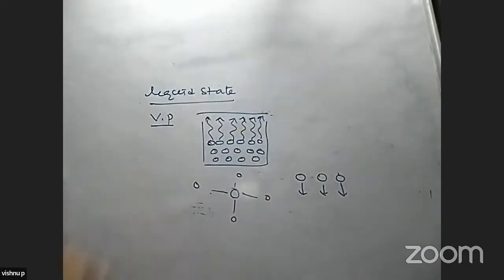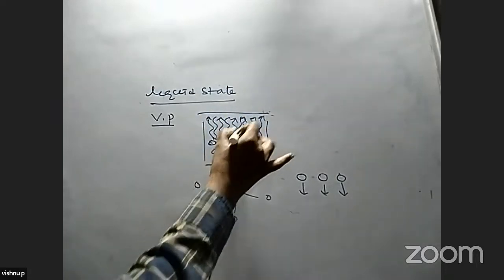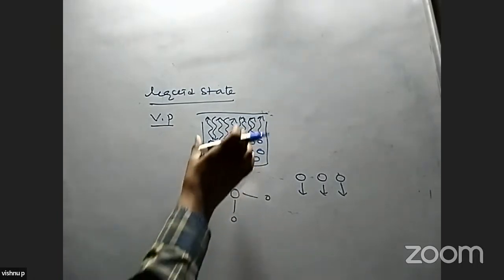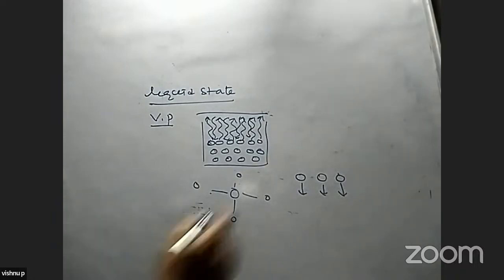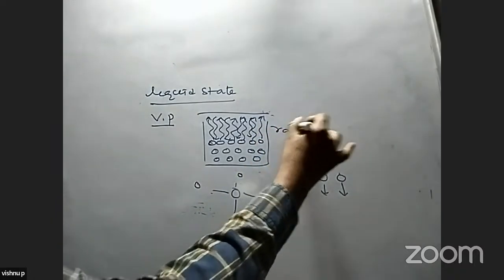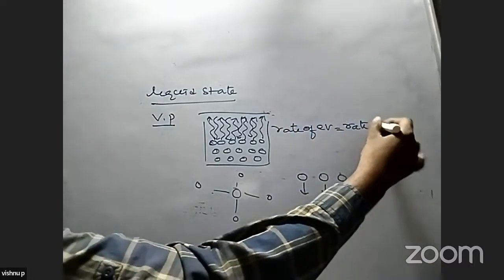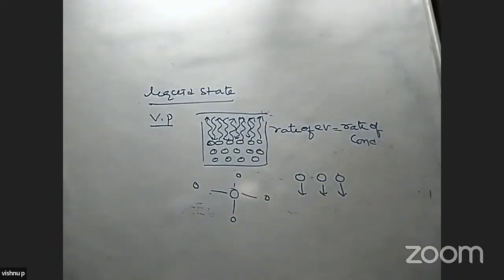If it is placed in a closed container, the vapors are condensed back. So evaporation takes place and also condensation takes place. At a particular temperature, the rate of evaporation is equal to the rate of condensation. At this condition the pressure is called the vapor pressure.